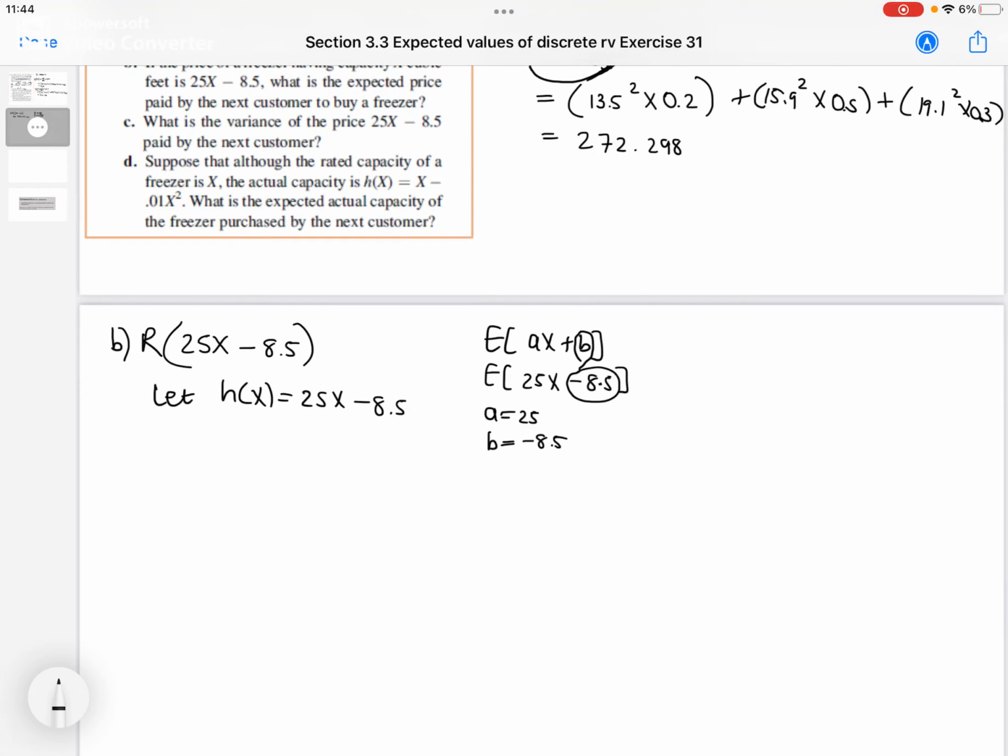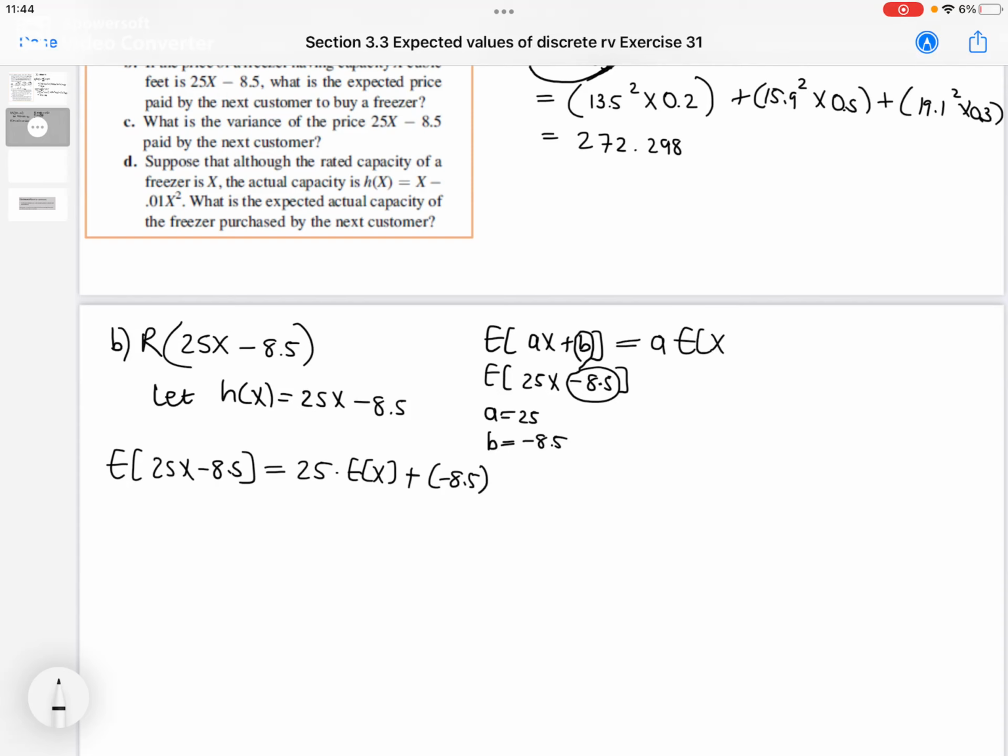Negative 8.5. Okay. So now we could say that the expected value of 25x minus 8.5 is equal to 25 times the expected value of x plus negative 8.5, right?